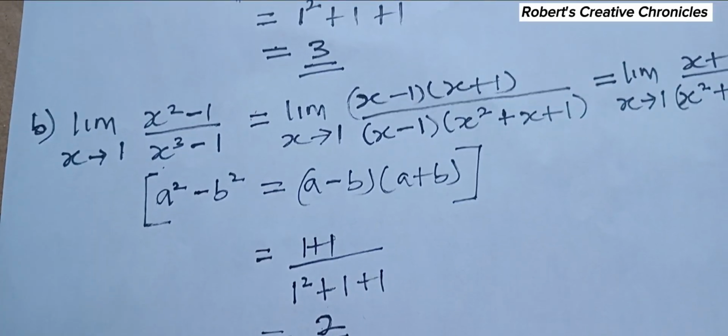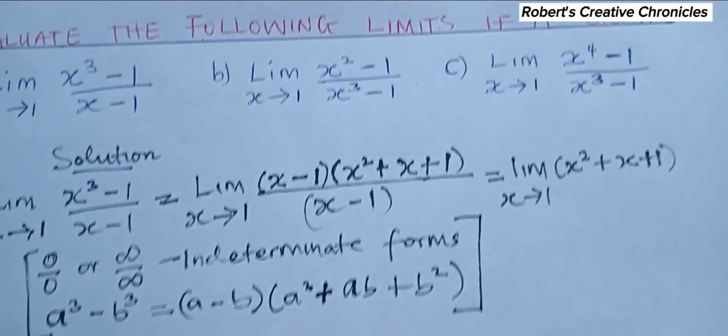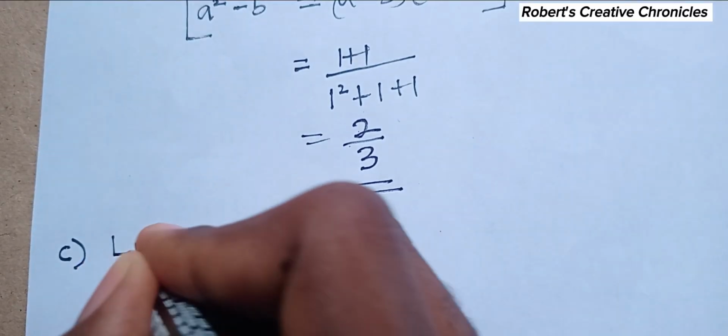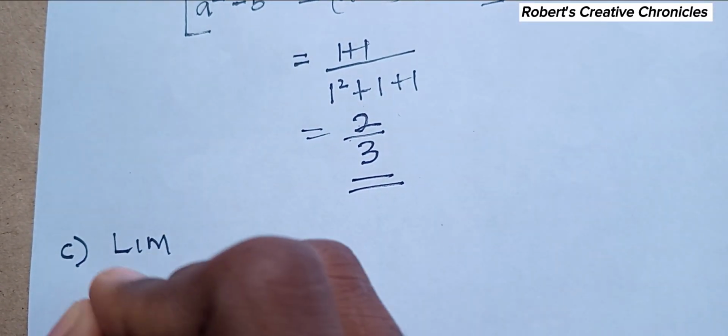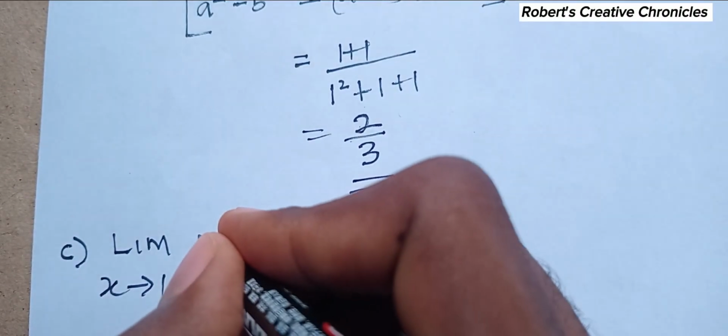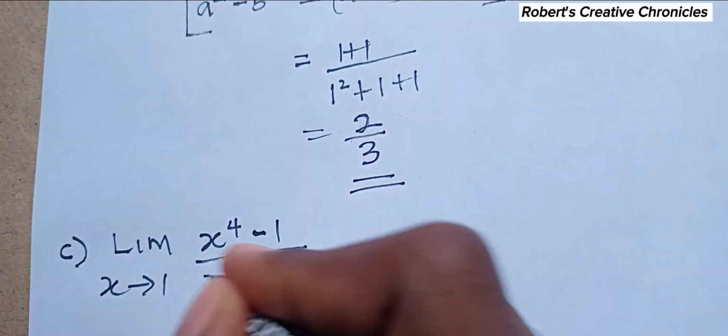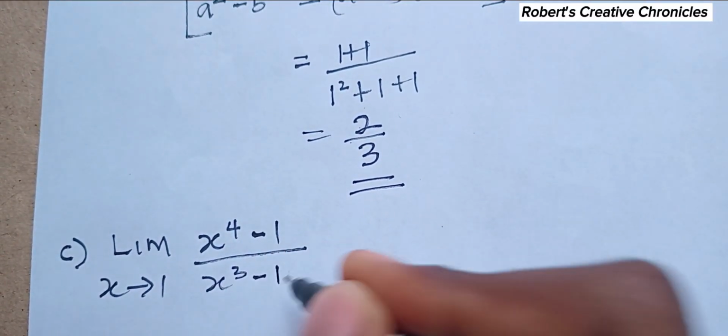Part C. The limit as x approaches 1 of x to the 4 minus 1 over x cubed minus 1.